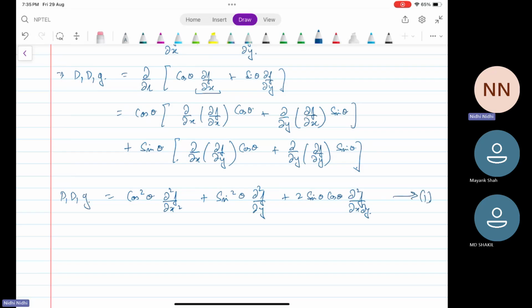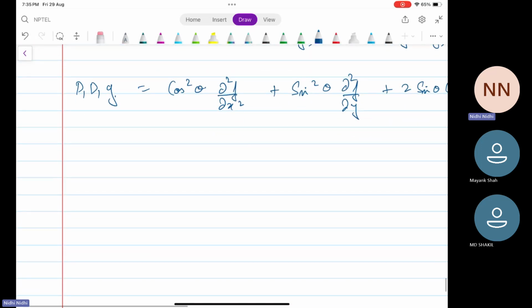Similarly, we'll evaluate d2g. d2g means differentiating with respect to theta 2 times. Similarly, we get d g is del by del theta of f of x y.